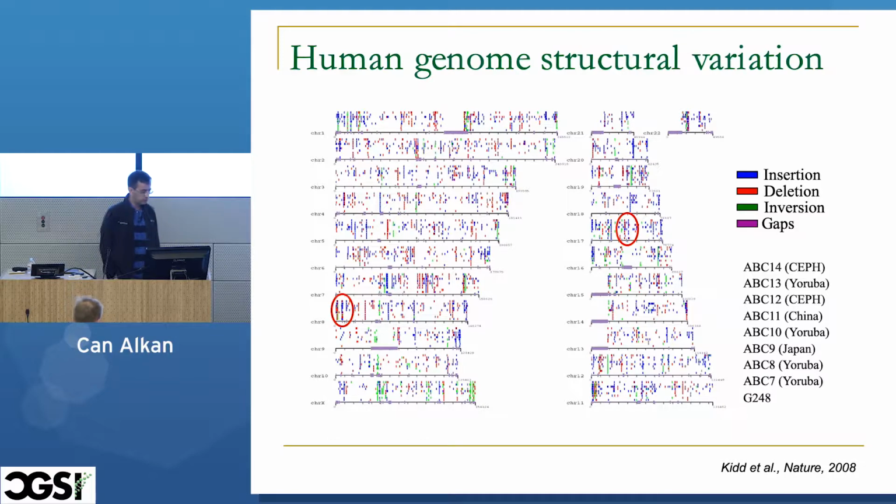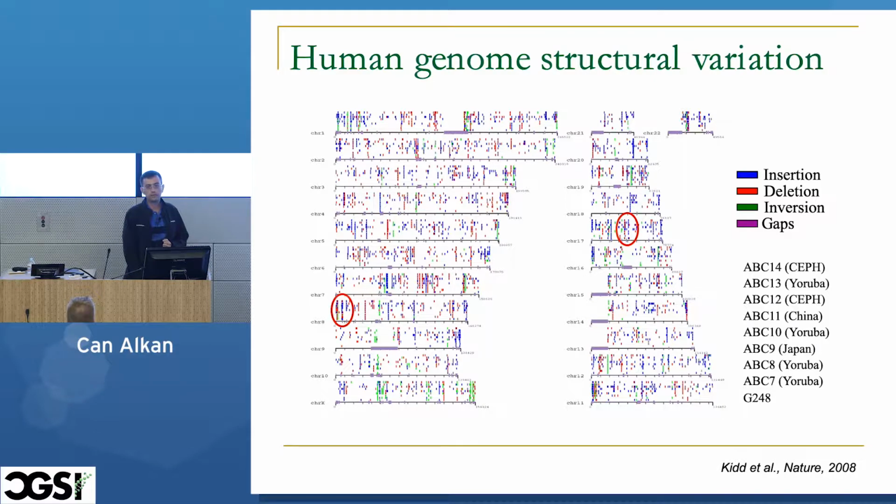This slide is pretty old, from 2008, where Jeff Kidd constructed a human genome structural variation map the first time, using 9 human genomes using the plasmid and sequencing, which is the first sequencing technology used for this purpose. As you can see, there are hot spots in the genome.